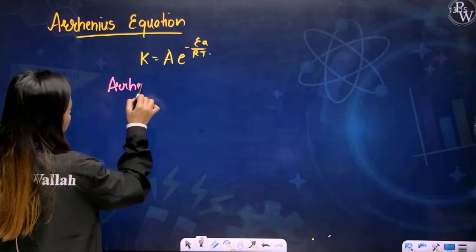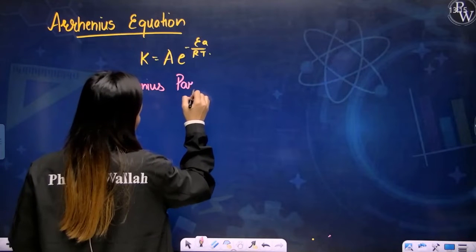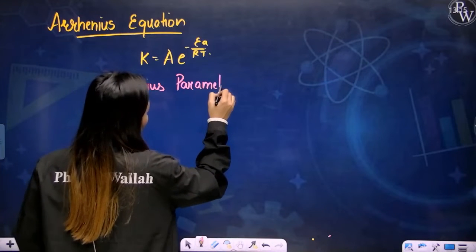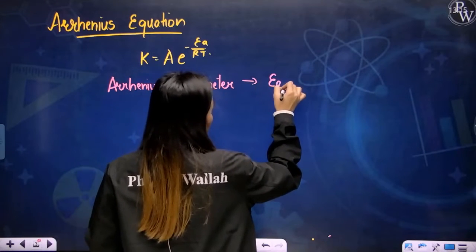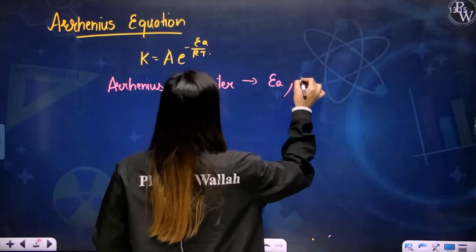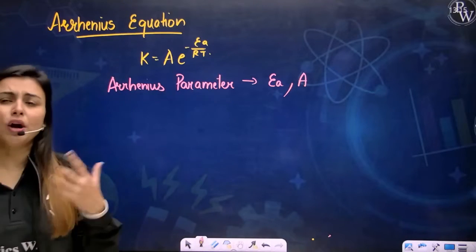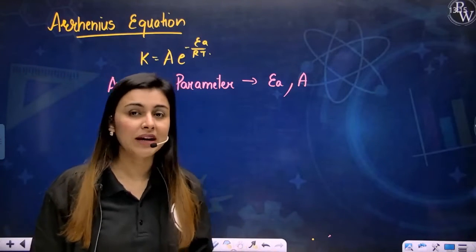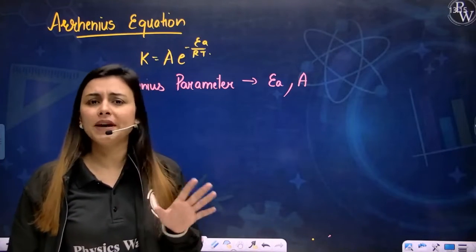Arrhenius parameters. And what are those two parameters? Your two parameters are Ea, which is your activation energy, and A, which is your Arrhenius constant or pre-exponential factor. These two, my dear students, are independent of temperature. They don't depend on temperature.